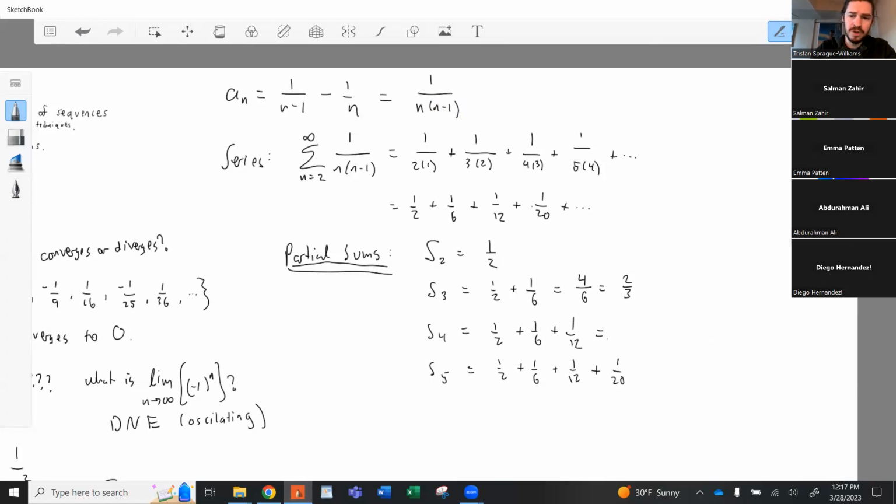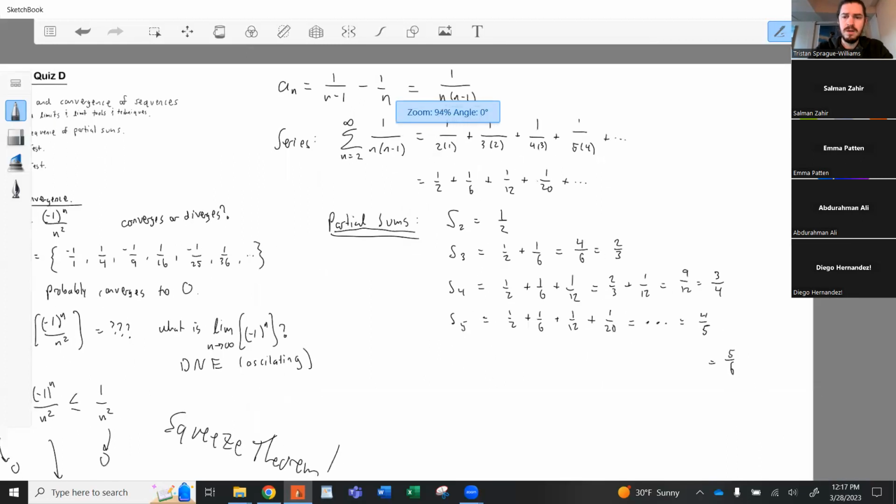When you add 2/3 plus a 12th, we get 9/12, which is 3/4. And now we have a slightly better approximation, right? And we keep going. So 3/4, we should get 4/5 here. And so on. Then it's going to be 5/6. And we see the pattern, right?